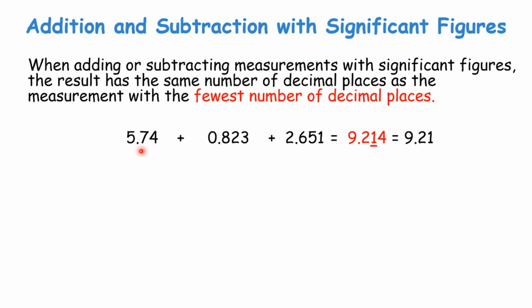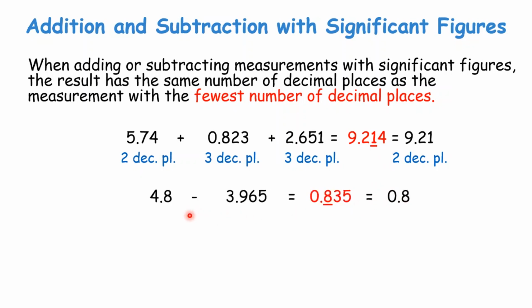Take a look at here. 5.74, that's 2 decimal places. 3, 3, and then for the final answer, the fewest number of decimal places, that's 2. Therefore, the result has to be 2 decimal places. Again, I underline the last digit and then look at the 1 digit after next to it. So then carry out the rounding.